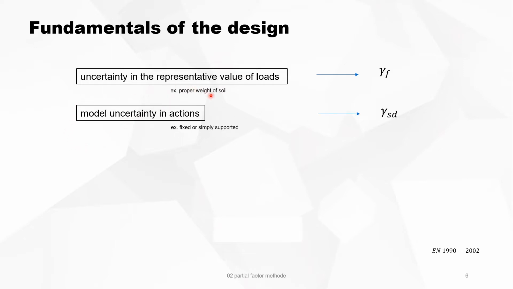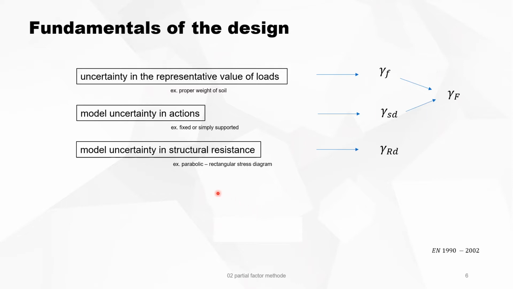You can have a model uncertainty in the actions. For instance, is it fixed or simply supported? And those two together give you the partial safety factor on the loads, gamma F. On the other hand, you can have model uncertainty in structural resistance. For instance, the stress strain diagram is parabolic rectangular.